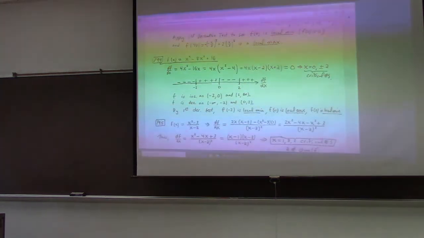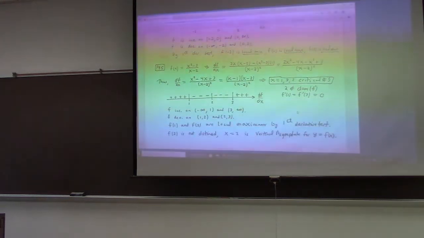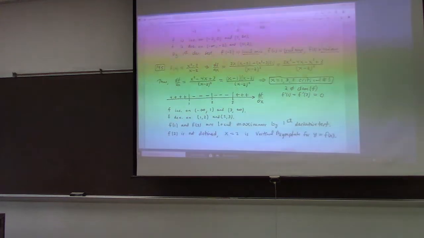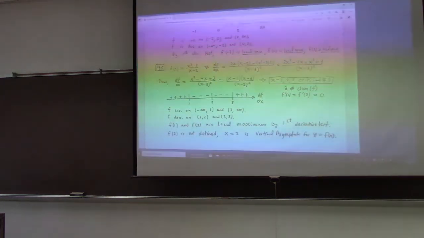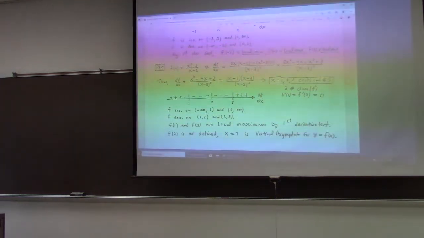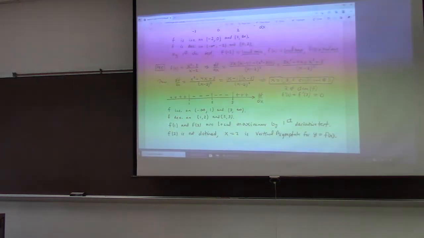I'm going to kind of just go on because I think the later problems probably require more discussion. This one's a little bit more interesting in the sense that for this one, we actually have a critical number which is outside the domain of the function and indeed outside the domain of the derivative. Remember, critical numbers can happen either places where the derivative is 0 or places where the derivative is not defined.